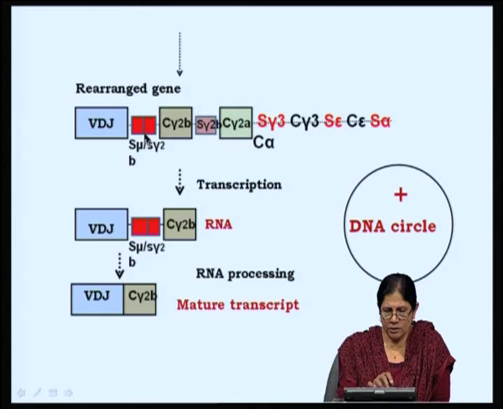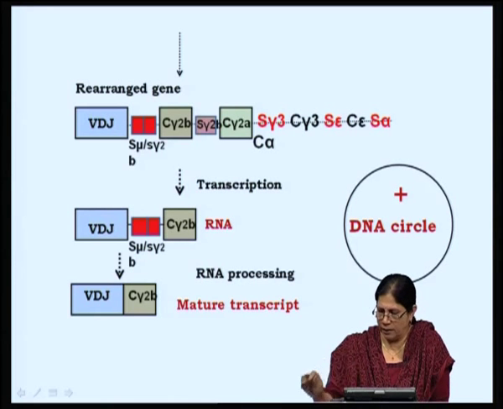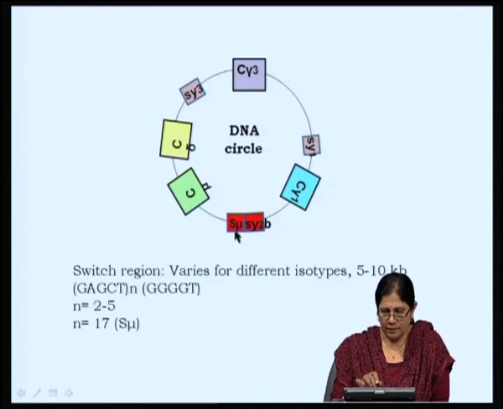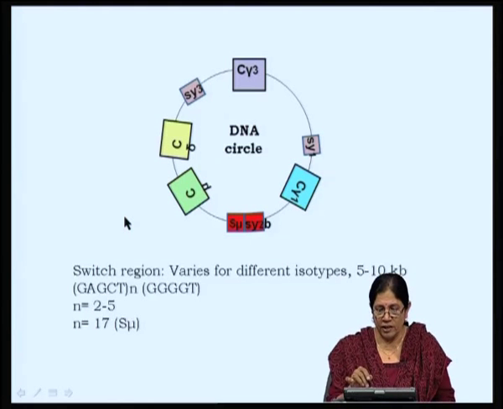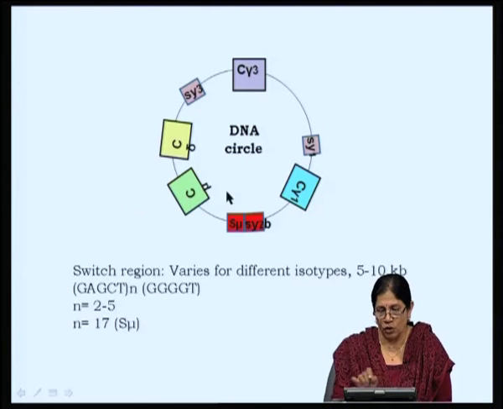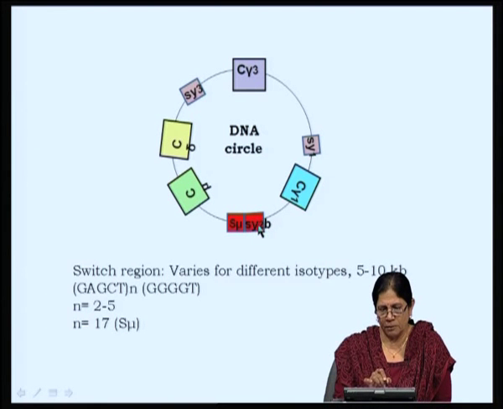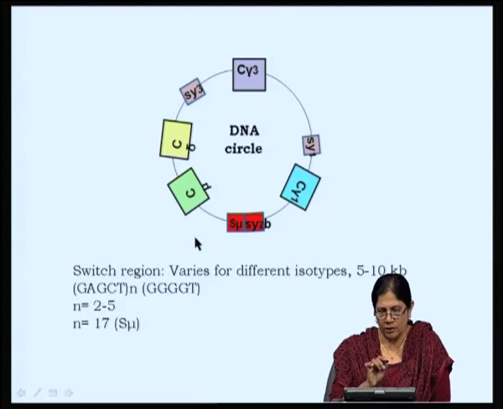The switch regions S mu as well as S gamma 2b are a part here, and a part would be here, which is seen in the next slide. The enzymes that ligate would not differentiate between the excised one as well as what is in the DNA, and therefore, you will have these circles.